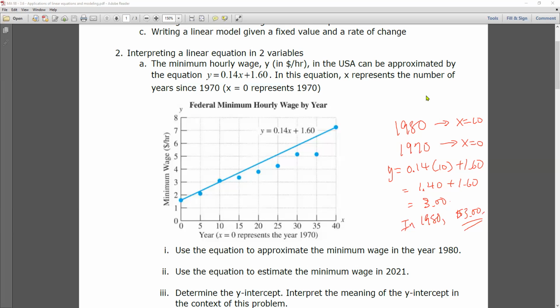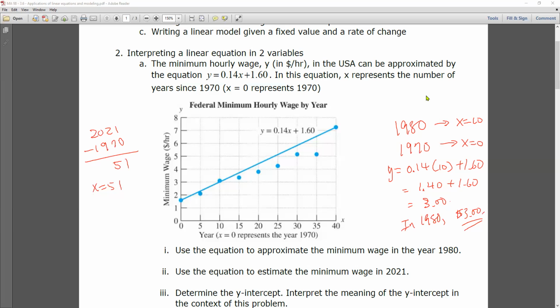All right, number 2, use the equation to estimate the minimum wage in 2021. Let's see how close we are compared to using this model. So 2021 minus 1970 gives us 51. In this case, x equals 51. Let's plug that in.